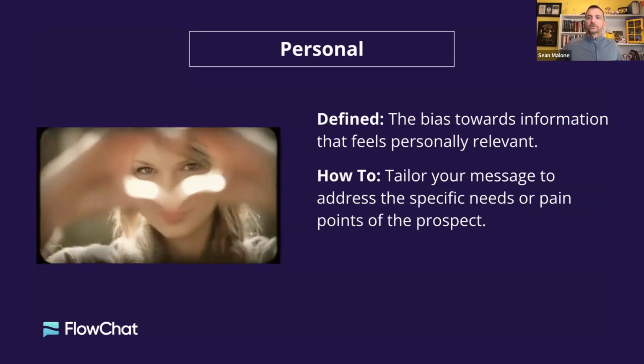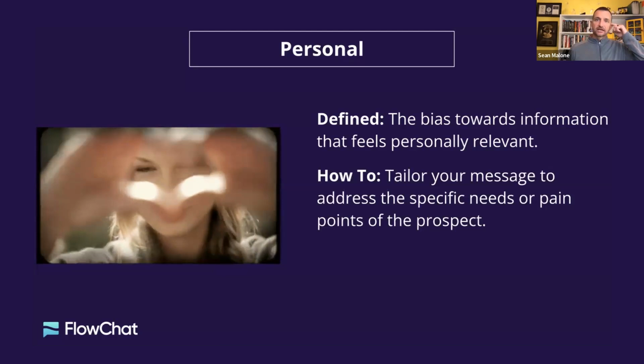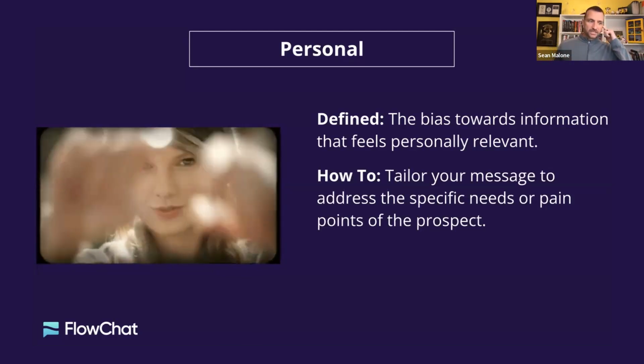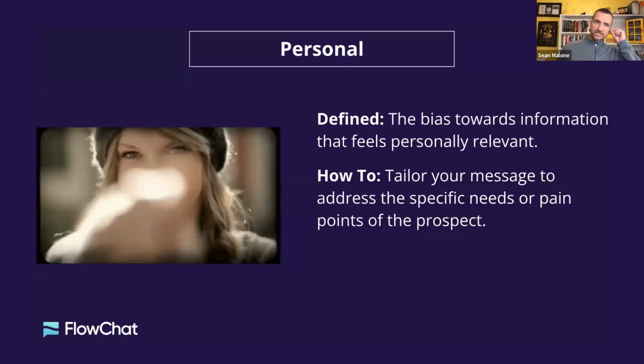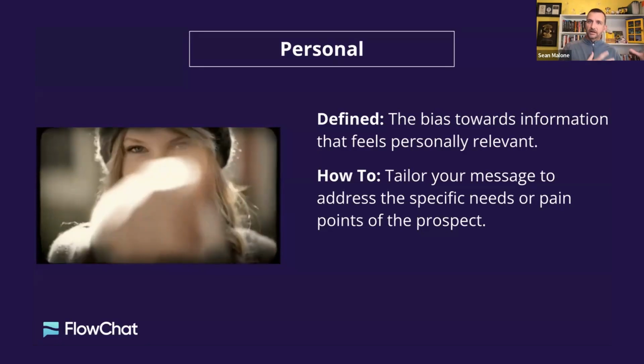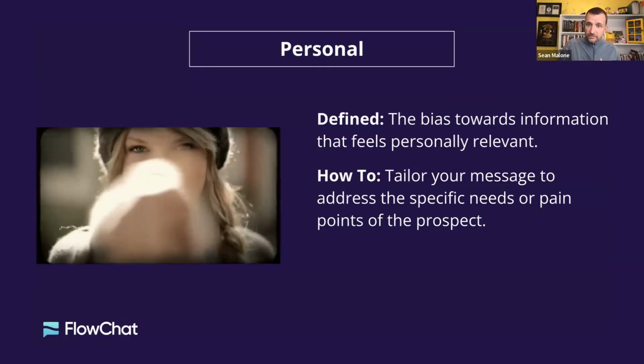How do we do it? We tailor our messages to address specific needs or pain points of the prospect. We all know in our sales conversation, the most important part of the conversation is development of their pain, problem, or thing they're struggling with.